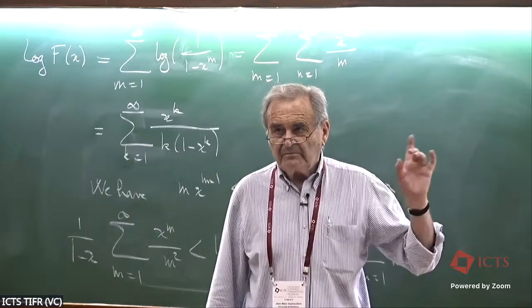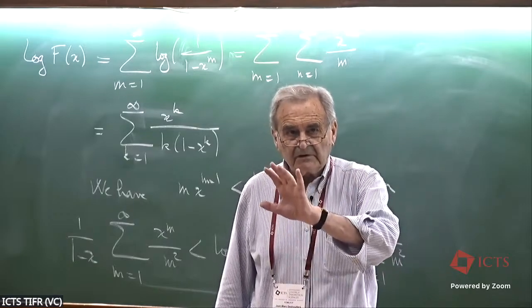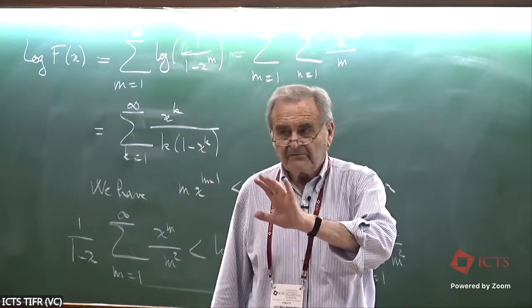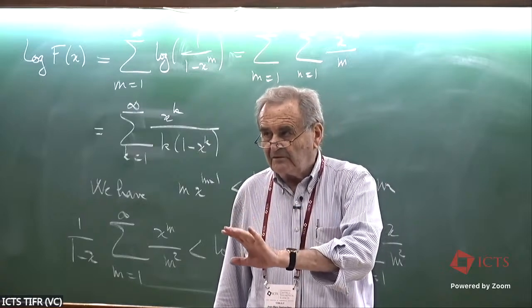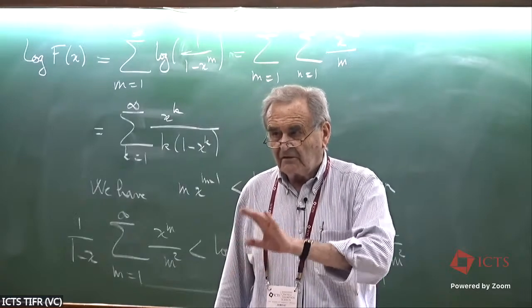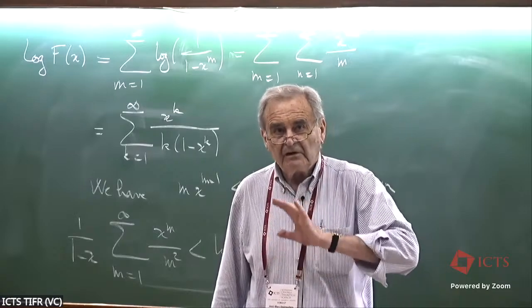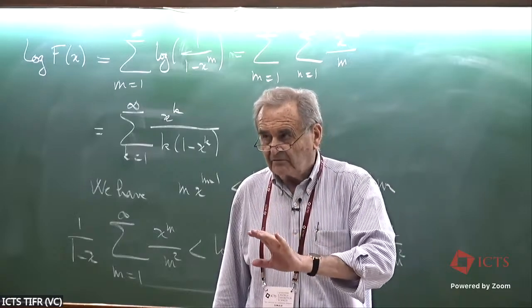You remember in PM, the singularity for 1 was giving you a polynomial of degree m, and for 2 it was giving you a polynomial of degree m over 2, that is to say the square root. So there you will have different singularities. They don't contribute in the same amount.